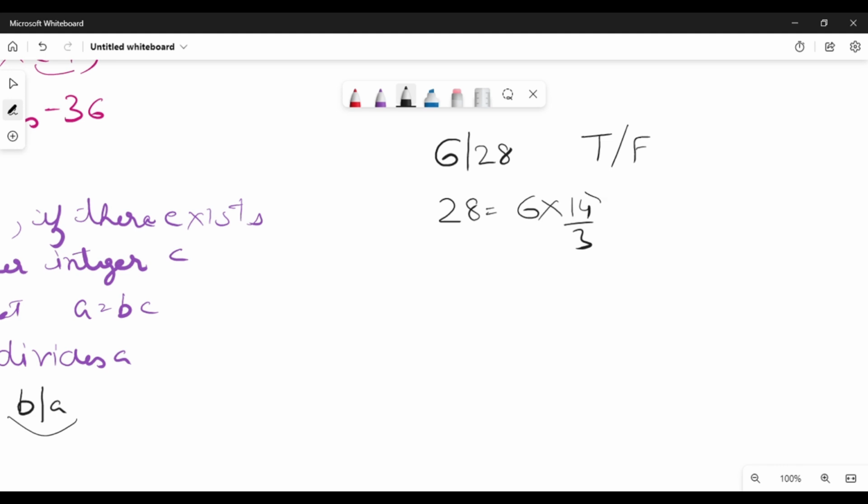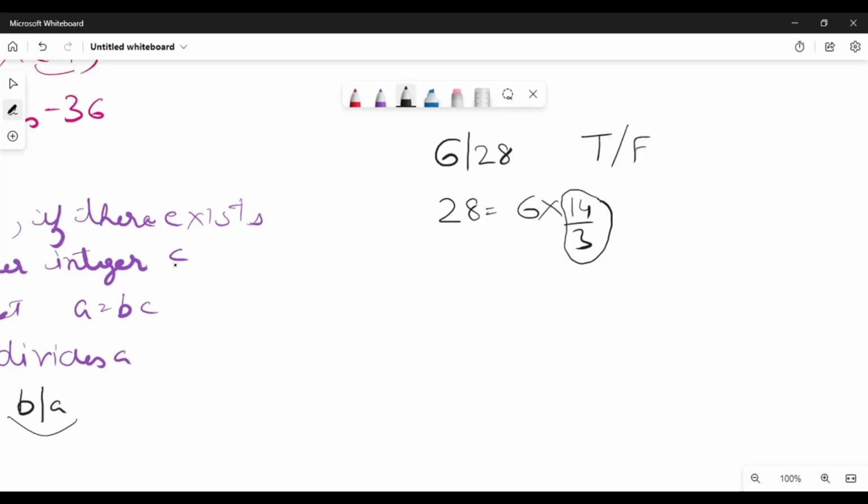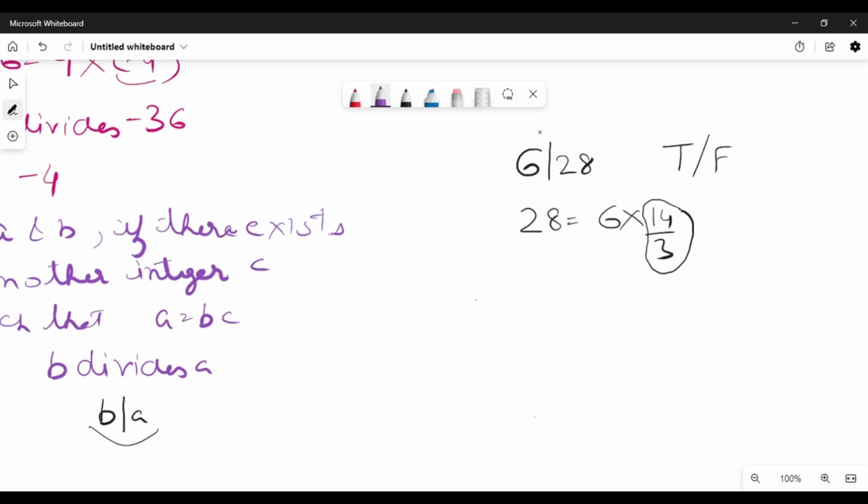But there does not exist any integer such that 28 is equal to 6 into that integer. That's why 6 does not divide 28. So it is clear what divisibility is: if b divides a, then there exists an integer c such that a is equal to bc.